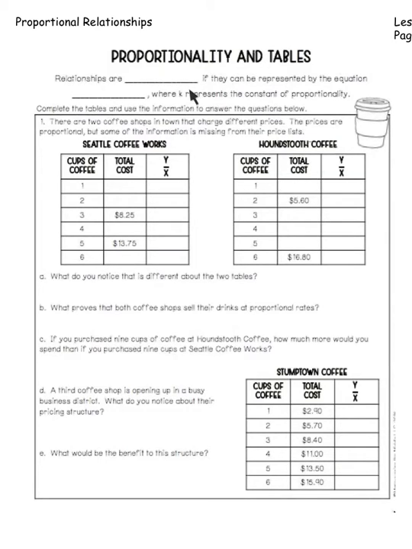Relationships are blank if they can be represented by the equation blank, where K represents the constant of proportionality. So relationships are proportional. That's what we've been talking about, proportional.